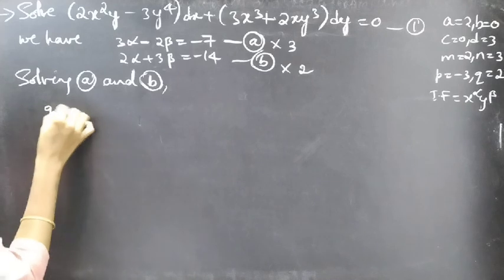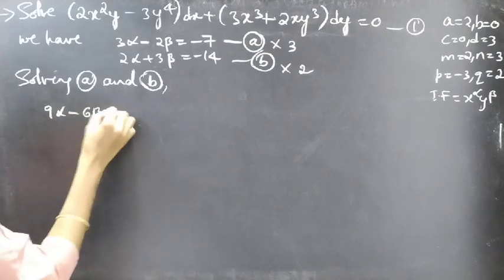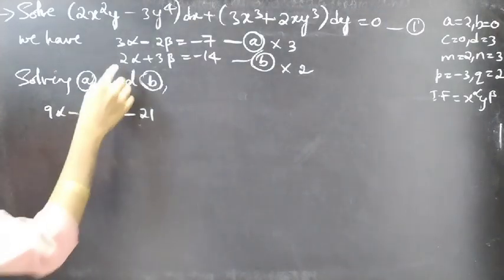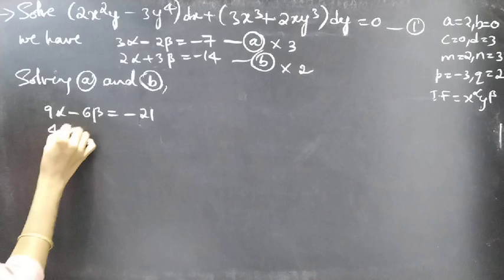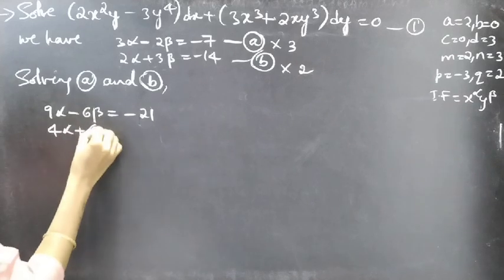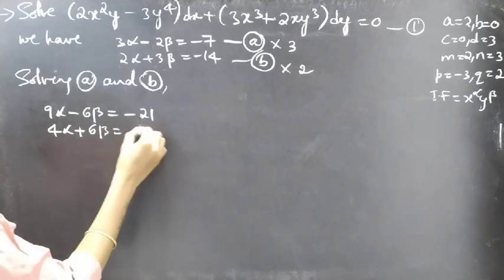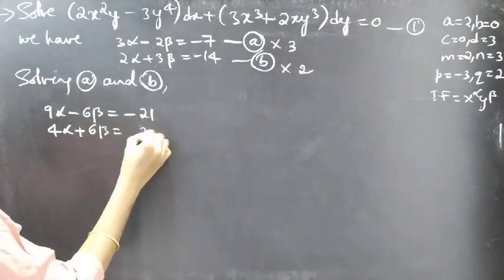Three threes are 9 alpha, minus 3 twos are 6 beta, minus 3 sevens are 21. 2 twos are 4 alpha plus 3 twos are 6 beta equal to 14 twos are 28.